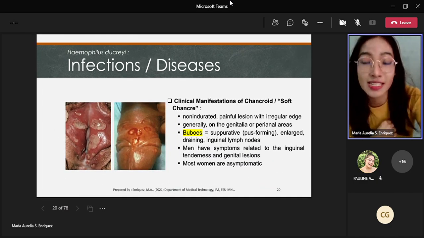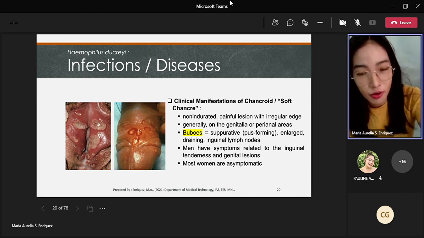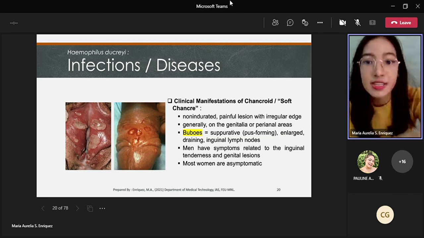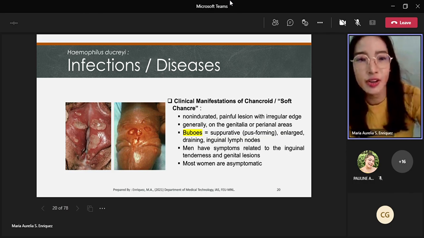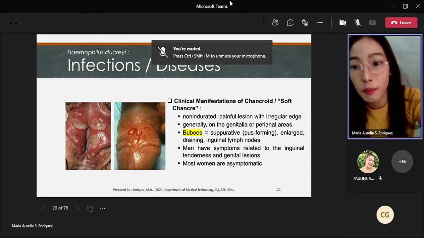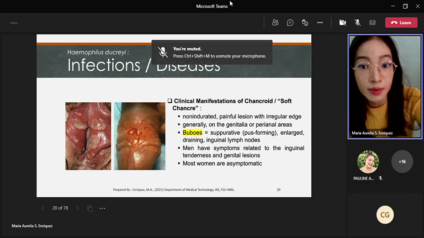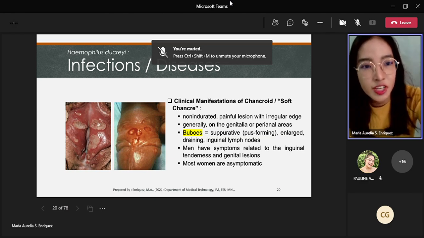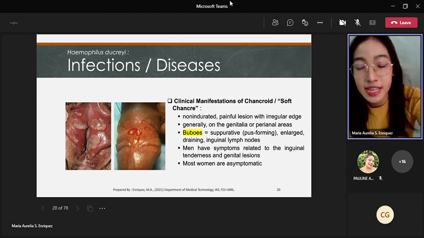Right, so Haemophilus ducreyi is not part of the normal flora. So after an incubation period of approximately 4 hanggang 14 days, non-indurated or parang nakalubog na painful lesions with an irregular edge would develop generally on the genitalia or perianal areas. The most common sites of infection are on the penis and on the labia of the vagina, as you can see here in these examples.